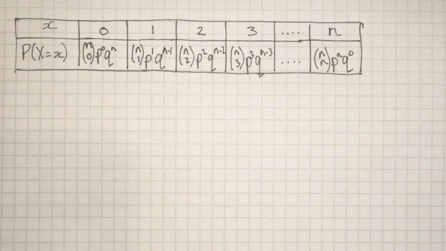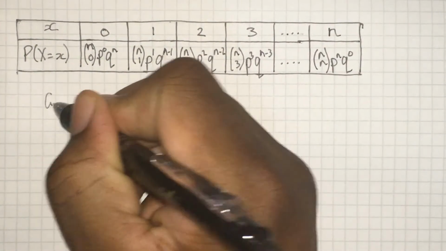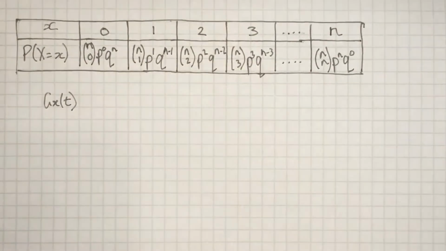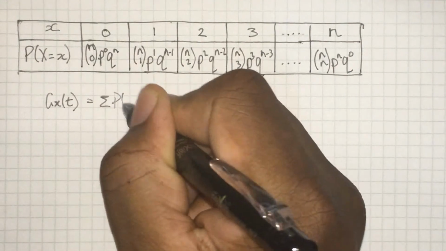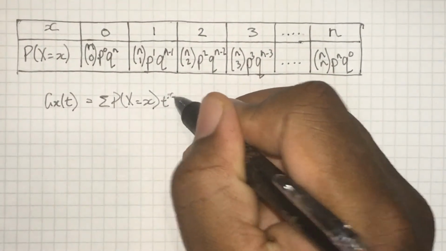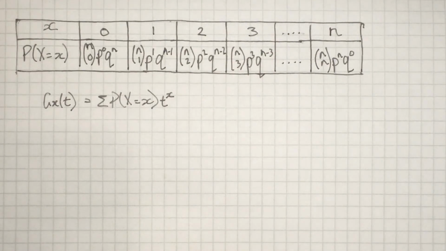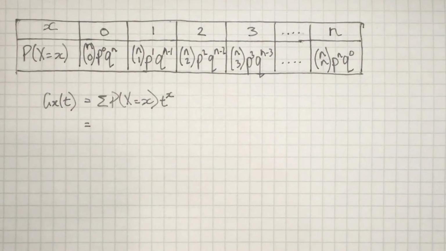Well, I'm starting here with the general probability distribution for the binomial distribution. And the definition of a probability generating function is that it's the sum of a probability multiplied by the corresponding dummy variable. So let's do that with the expressions we have for probabilities here.